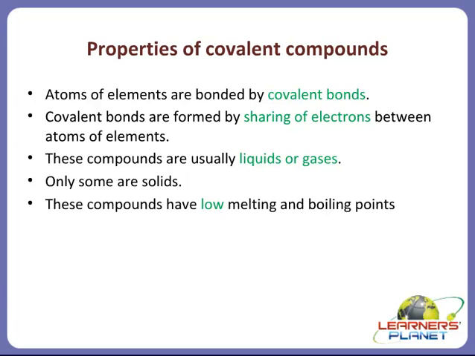Now let's see what covalent compounds are and their properties. The atoms of elements are bonded by covalent bonds. I have already discussed in my previous session, covalent bonds are formed by sharing of electrons between atoms of elements.